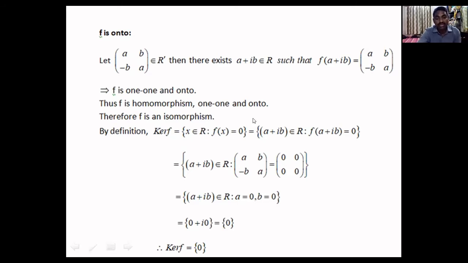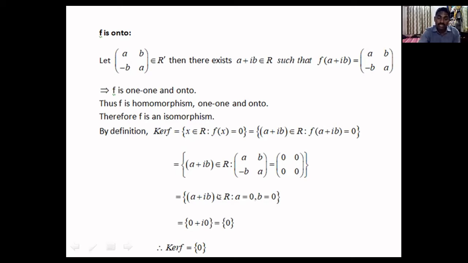Here we already defined x as nothing but a plus ib, a complex number in the ring R. So a plus ib belongs to R such that f of a plus ib is equal to 0. By definition, f of a plus ib is the matrix with entries a, b, minus b, a, and this equals the zero matrix, the zero element in R dash, that is the matrix 0, 0, 0, 0.